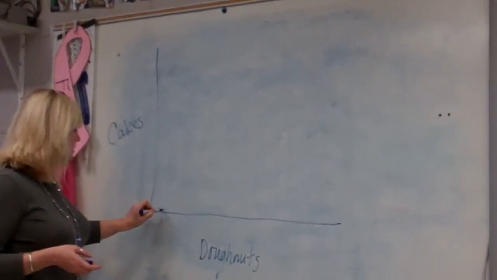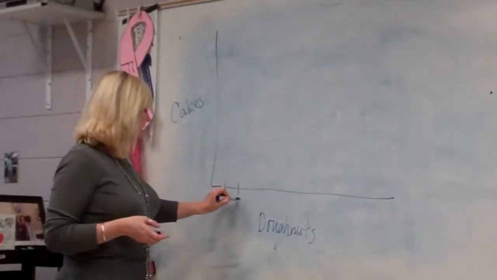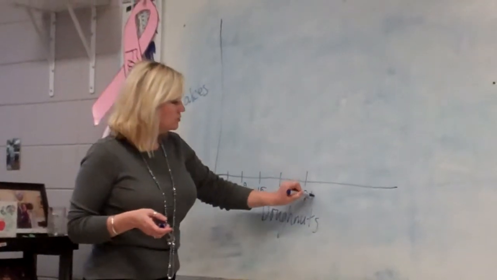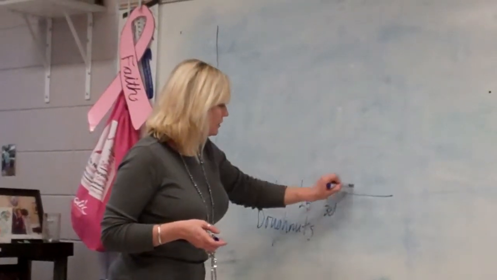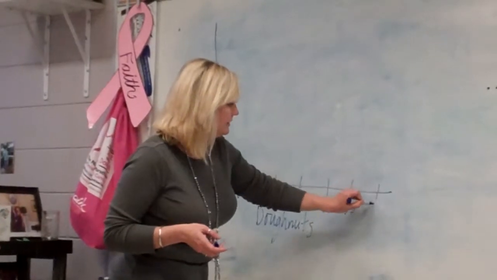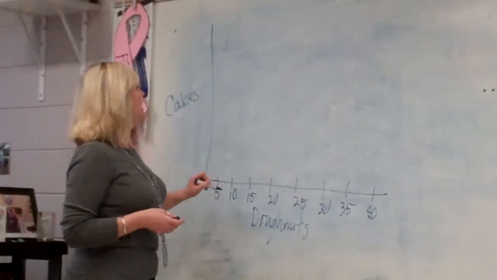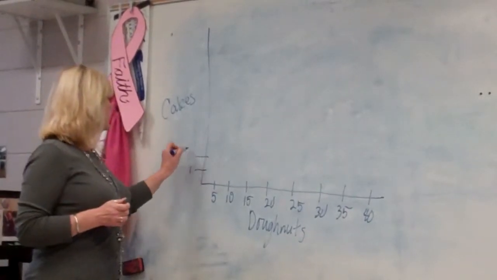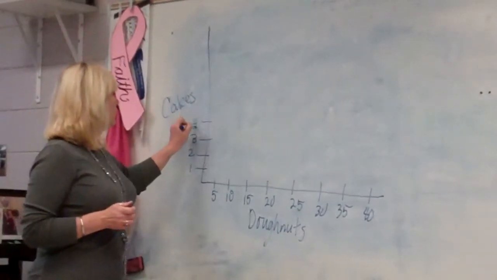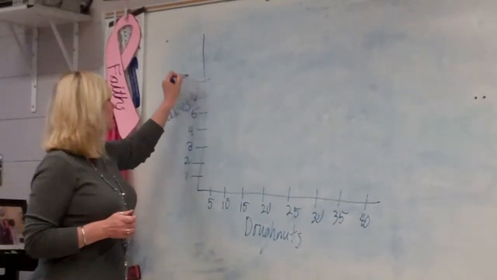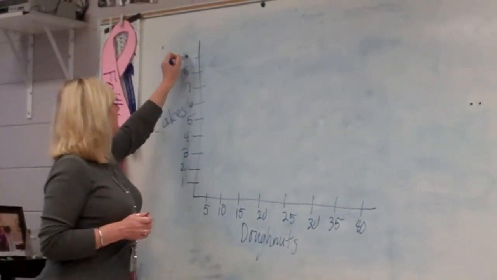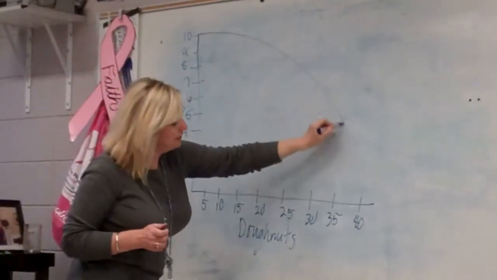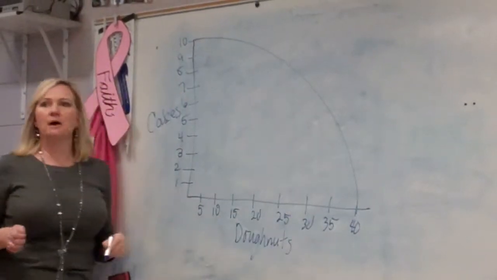So I say, okay, I can do 5 dozen, 10 dozen, 15 dozen, 20, 25, 30, 35, and 40 dozen. Or I can do cakes, and the cakes are individually. And so I can do 1, 2, 3, 4, 5, 6, 7, 8, 9, 10 cakes per day. So I start here and I go around to here. This is my production possibilities.